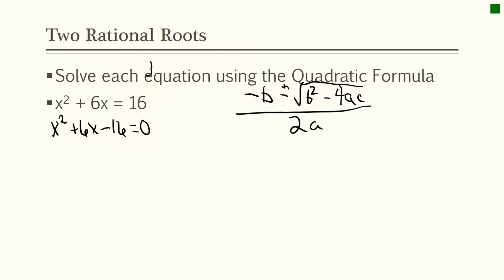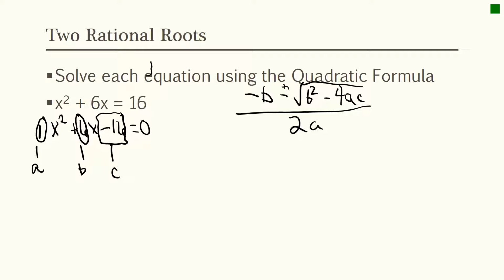Now, a is the coefficient of the quadratic term, which in this case is 1. b is the coefficient of the linear term, which is 6. And c is the constant, which is negative 16.